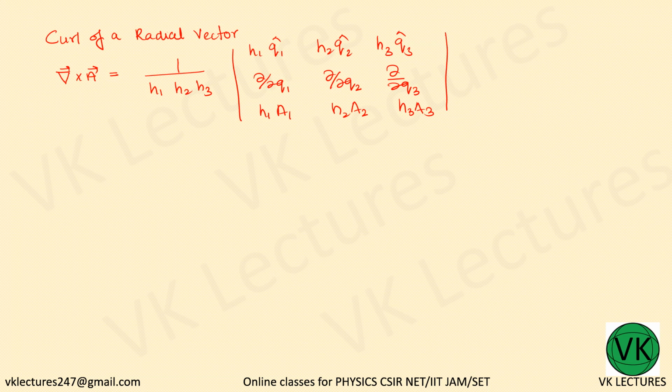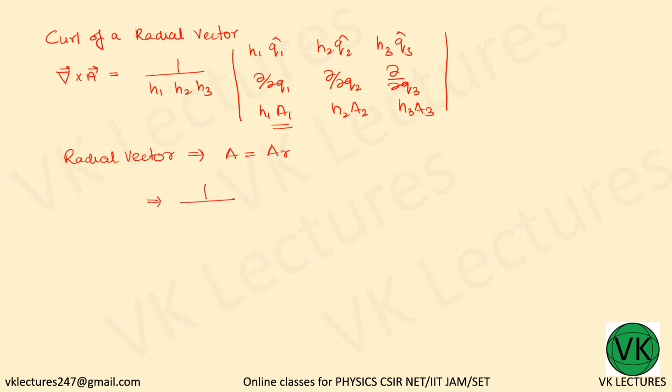Now if we need to write the curl of the radial vector, which means the function A is equal to A_R, let us write that down and we will understand.